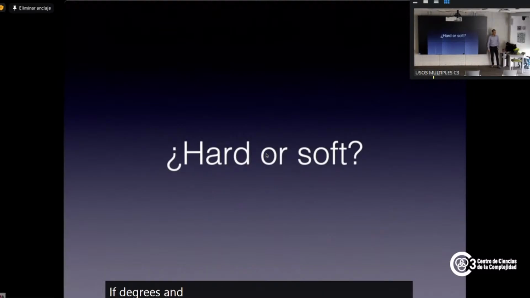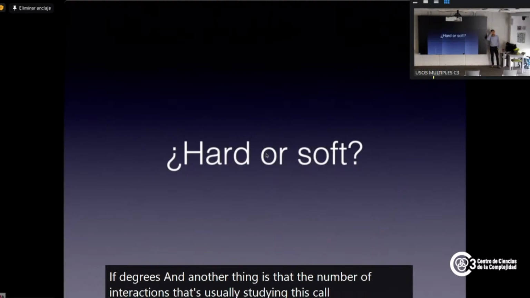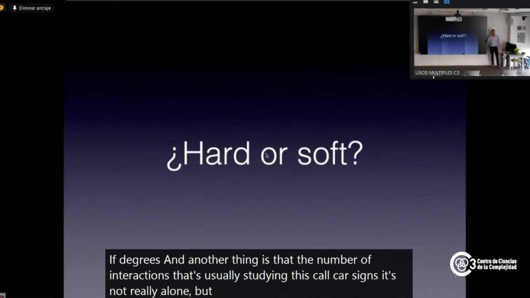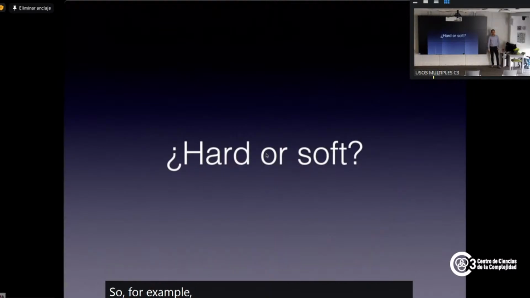Another thing is that the number of interactions that we usually study in the so-called hard sciences was relatively low until recently. So, for example, the n-body problem.